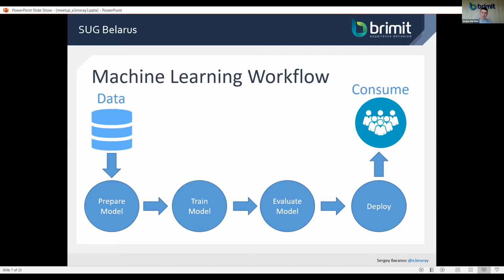In our case, these are the features that are important to say whether the customer is a churn or not a churn. And if we have this data model, we can train it. Then we can evaluate the model. That means we can compare the accuracy of several algorithms, choose the better one, and deploy it to production for future consumption to predict our customer churn.